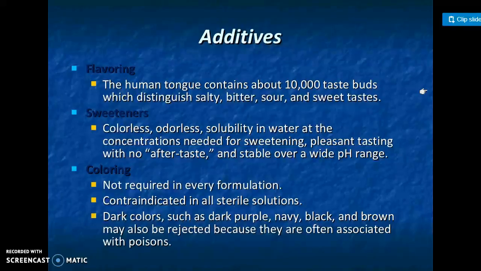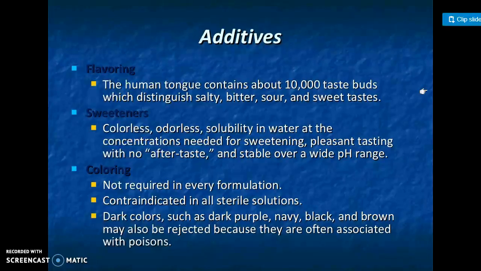Sometimes colors are added, and the reason is that it makes the medicine a little more appealing aesthetically to be taken.